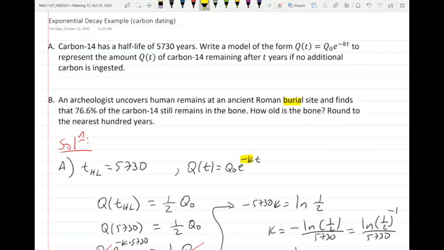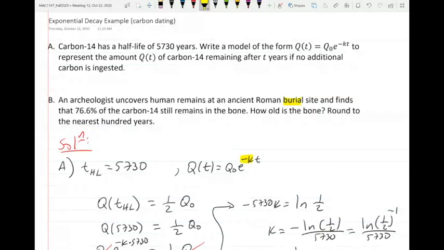There is an archaeologist, and he finds some bones, right? And then he sees that 76.6% of the carbon-14 is still there on the bone. Apparently, there is equipment that tells you how much carbon-14 is left. And so the question is, from this information, let us try to figure out how old the bone is.